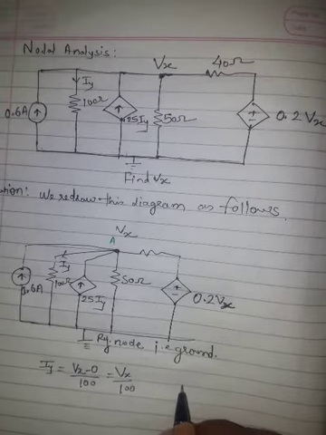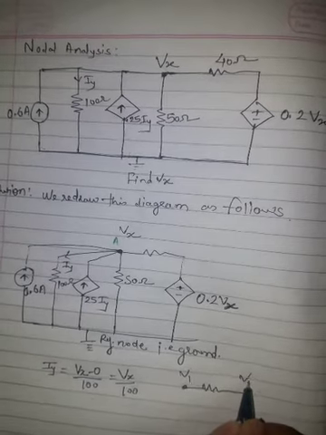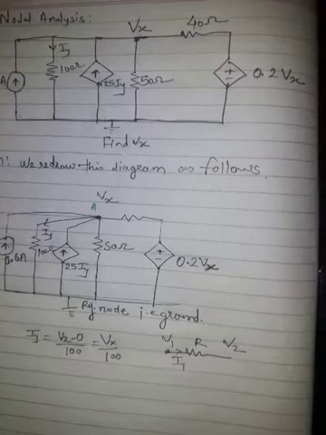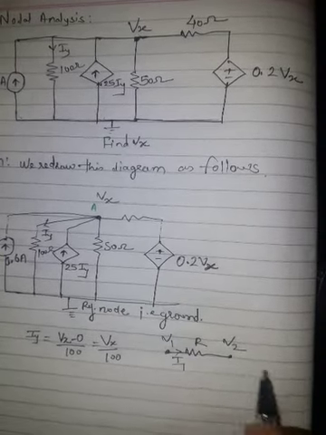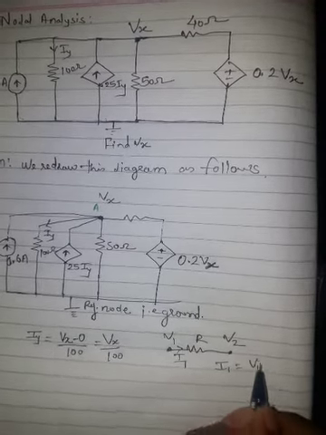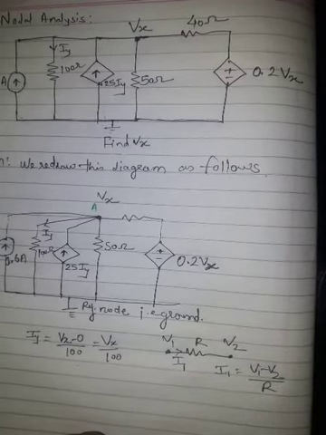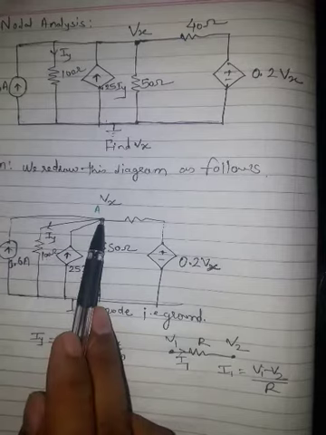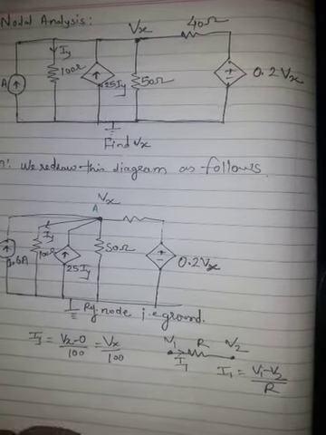I have shown in that video: whenever, say this is V1 and V2, this is I1 and R, whenever current is flowing from V1 to V2, then I can write the current equation I1 is equal to V1 minus V2 upon R. Similarly, Iy is flowing from Vx to ground, so I can write Iy is Vx upon 100.